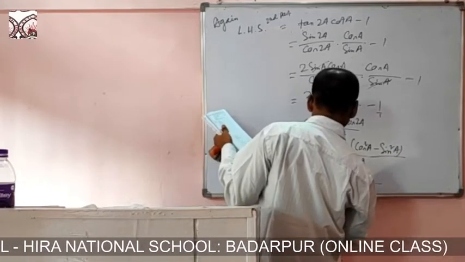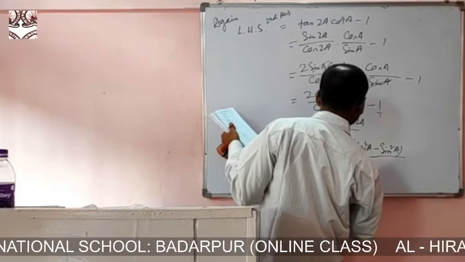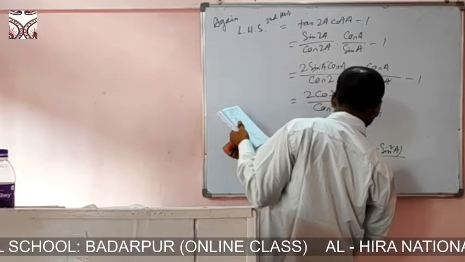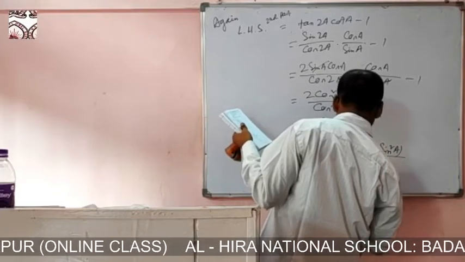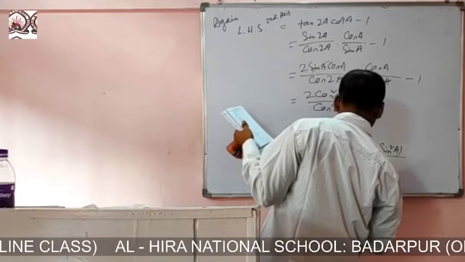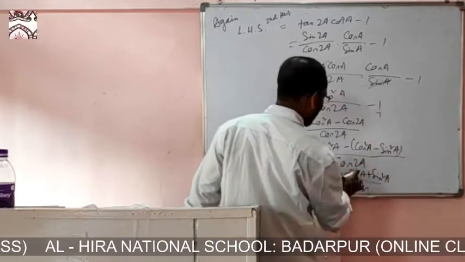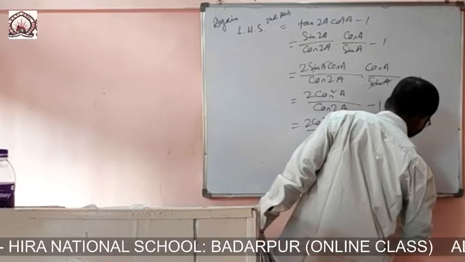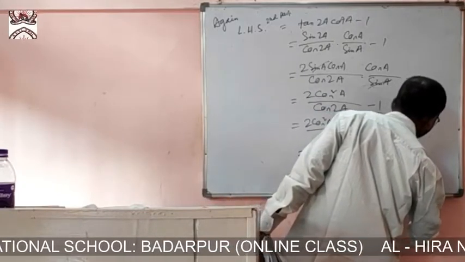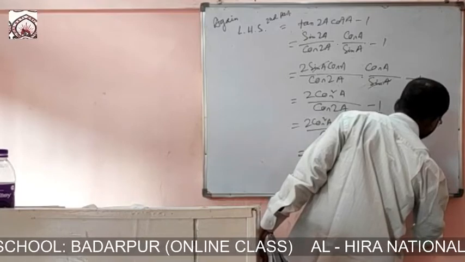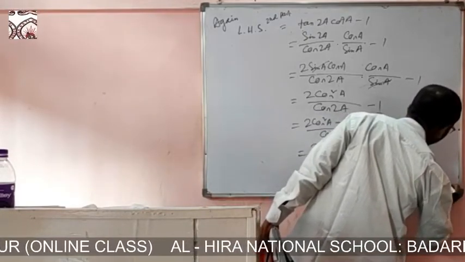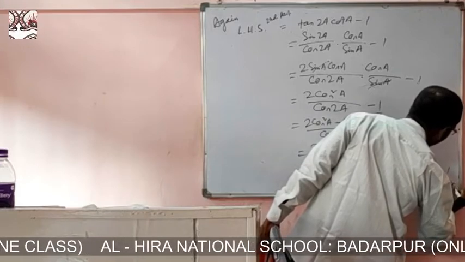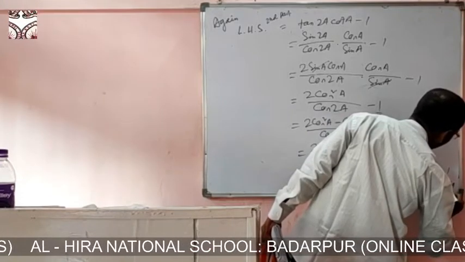Then twice cos square a minus cos square a plus sin square a by cos 2a. So twice cos square a minus cos square a is cos square a plus sin square a by cos 2a. So it is again 1 by cos 2a is equal to sec 2a.